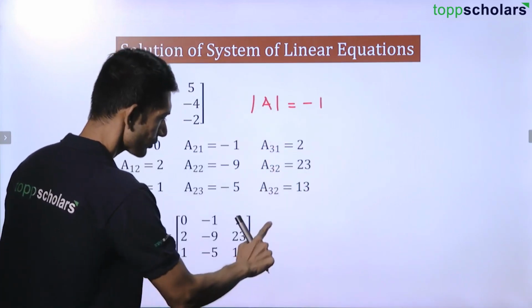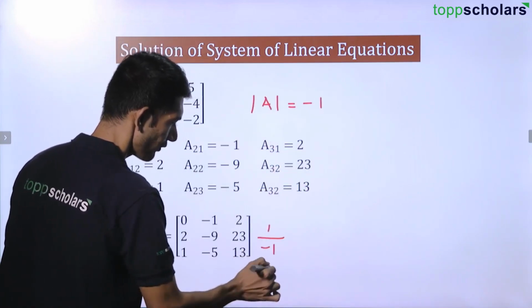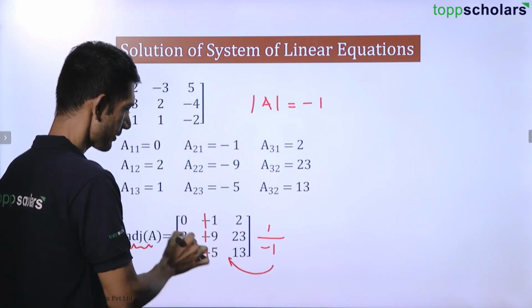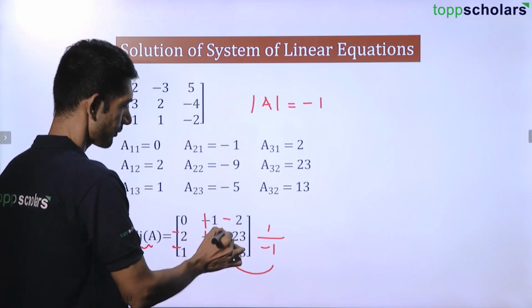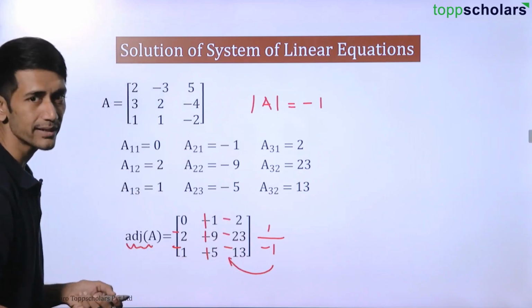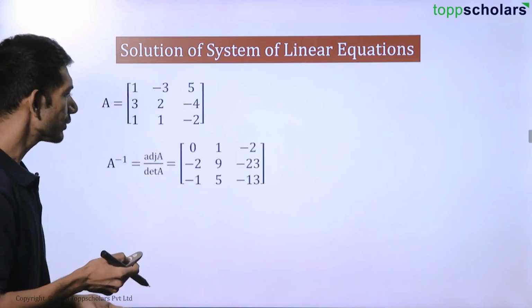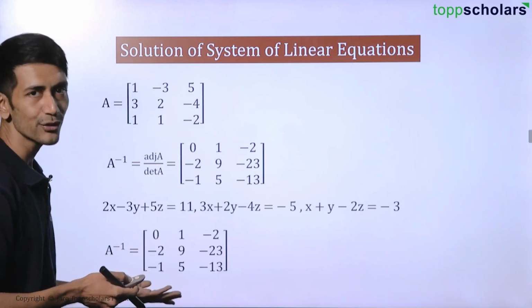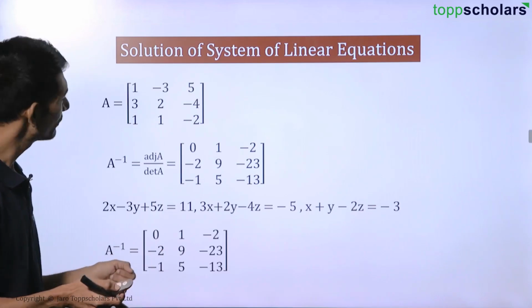Minus 1, no? So this is 1 by minus 1. If you multiply minus 1 inside, this will become plus, plus, plus, minus, minus. Same thing we are doing there. That's it, you have got the inverse. And then this is your A inverse, that is your final answer. I hope this part is clear.